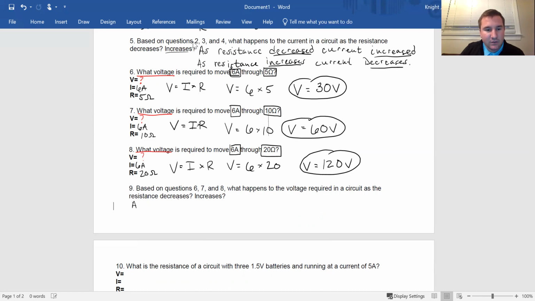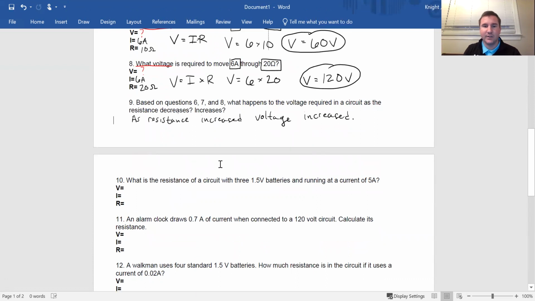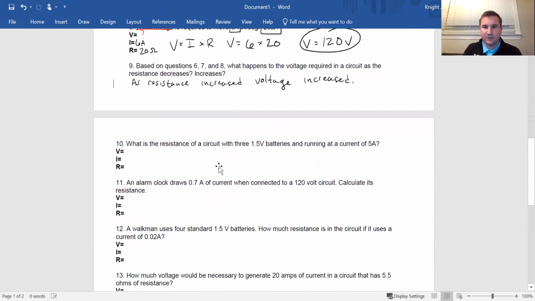So as resistance increased, voltage increased. All right, so there's our answer there. The contrast is true as well. As resistance decreases, voltage would decrease, but that's a little bit redundant to write the same thing twice.